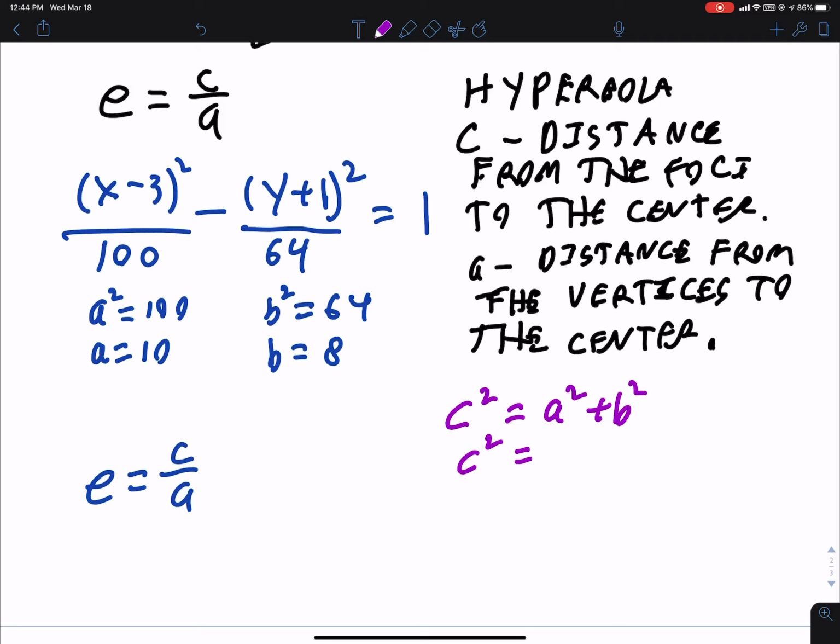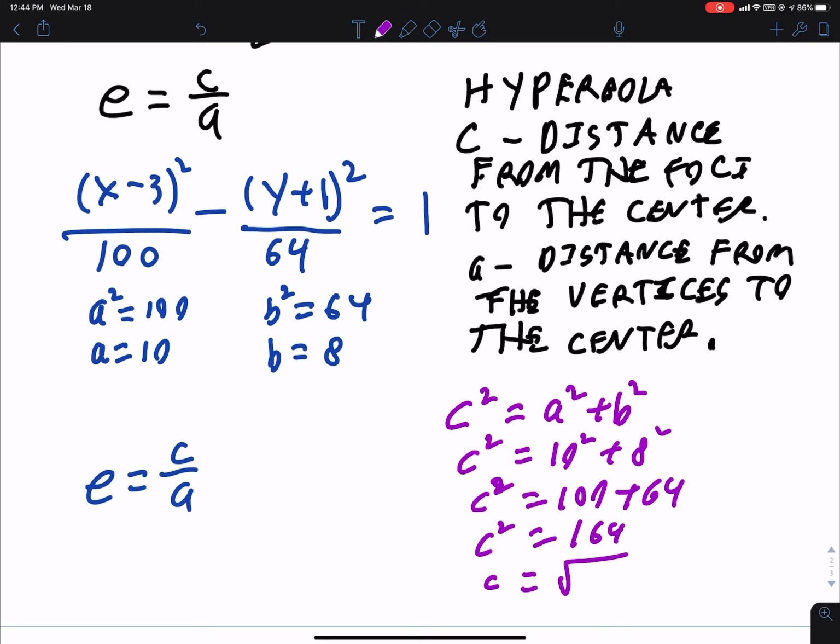I didn't pick nice numbers. So c squared is 100 plus 64. C squared is 164. C is the square root of 164. We could simplify that, so e will be the square root of 164 over 8.